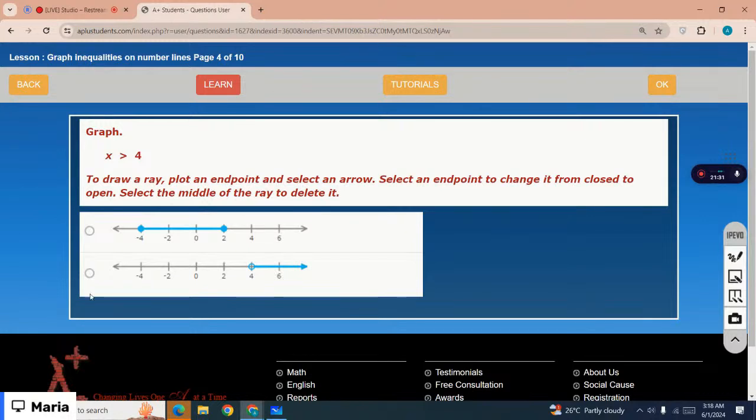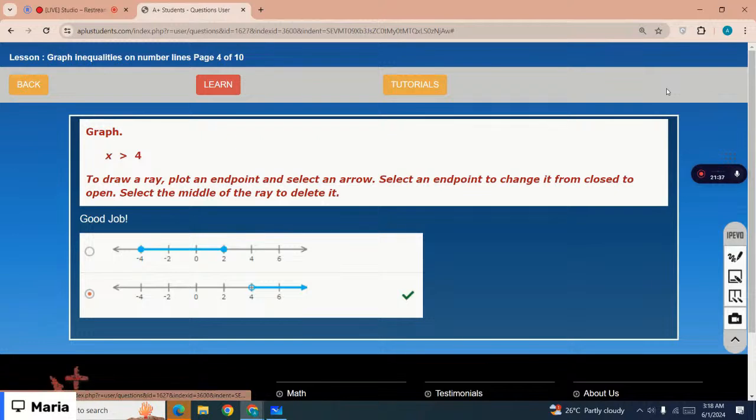So the graph includes all the numbers that are greater than 4 but not 4. 4 is not the solution, right?